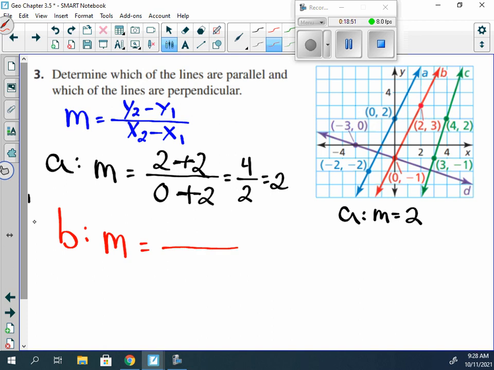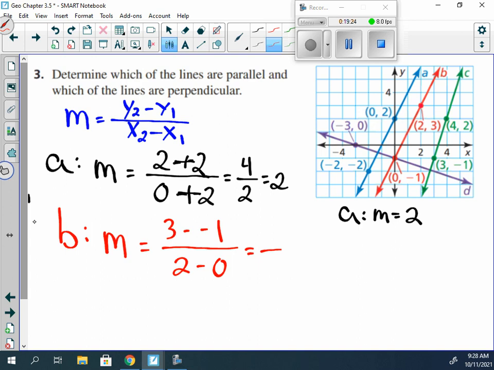So our y2 minus y1 over x2 minus x1. Well, for line B, the 2 points they gave us were (2, 3) and (0, -1). So our 2 y values would be what? So we can say 3 minus -1 over 2 minus 0. And again, at this point, we could type this straight into the calculator and it would give us the answer.